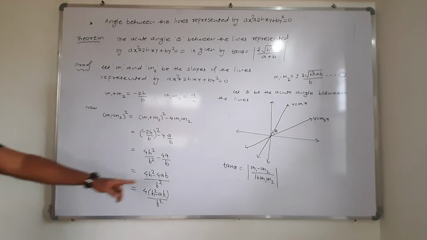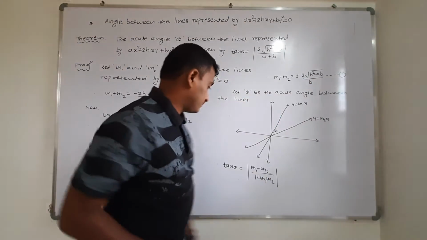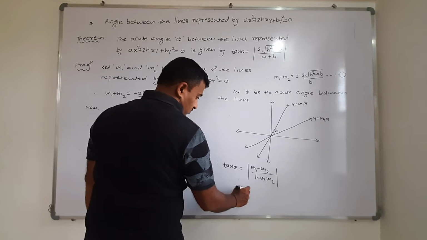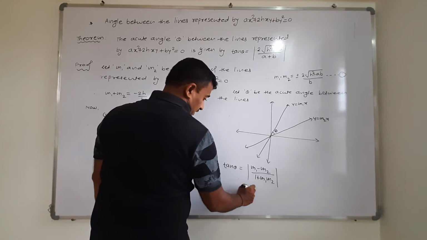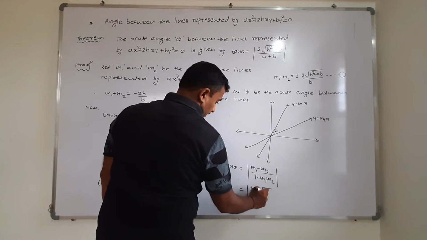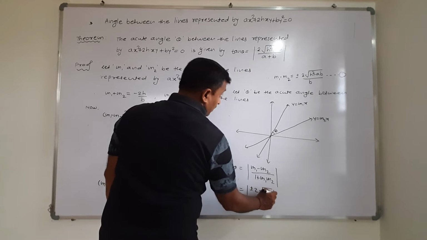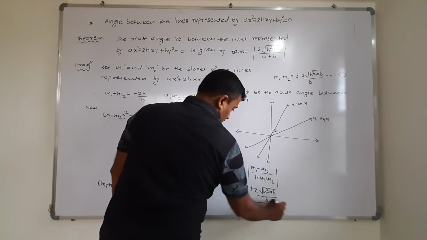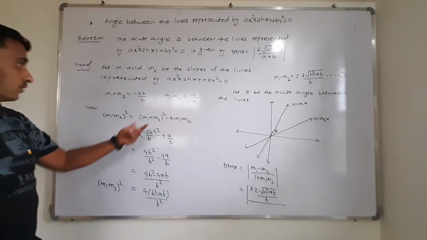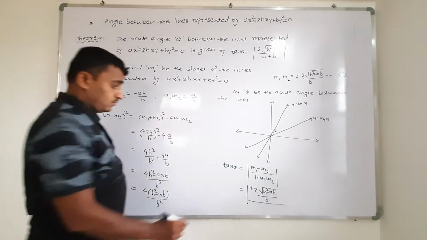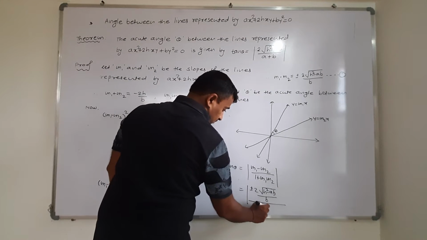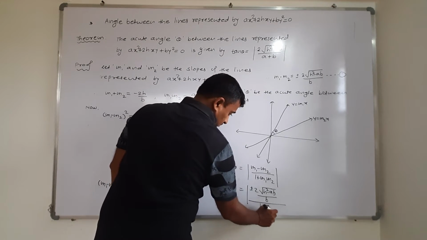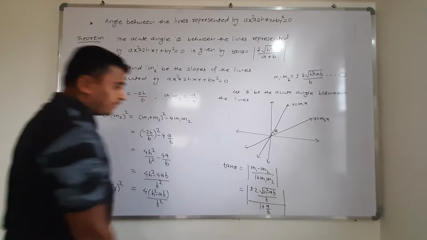Now m1 minus m2, whose value is here, is equal to modulus of plus minus 2 times square root h square minus ab upon b, whole divided by 1 plus m1 m2. m1 m2 is a by b, so 1 plus a by b.